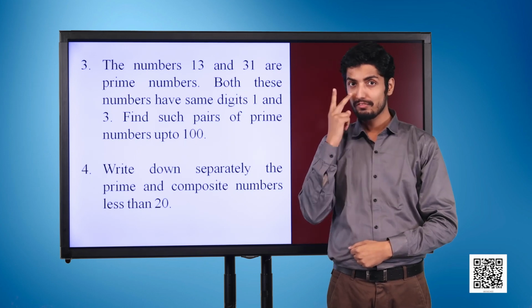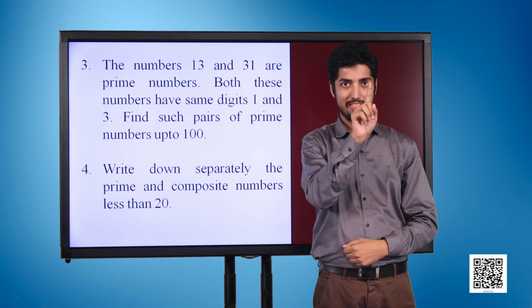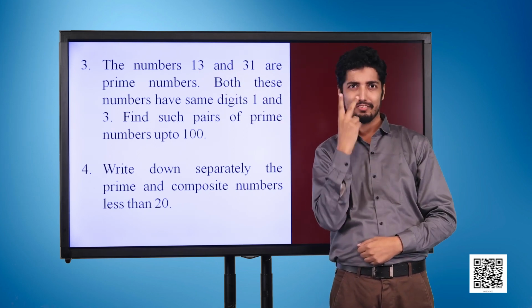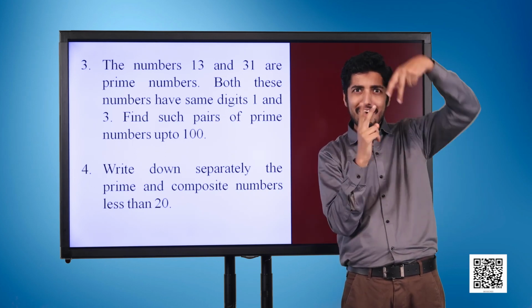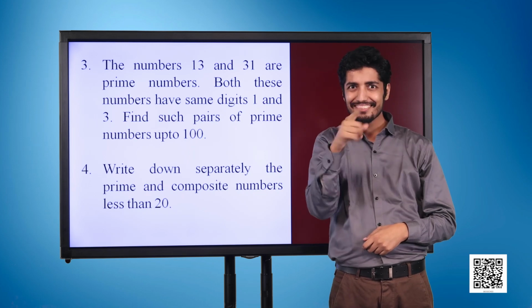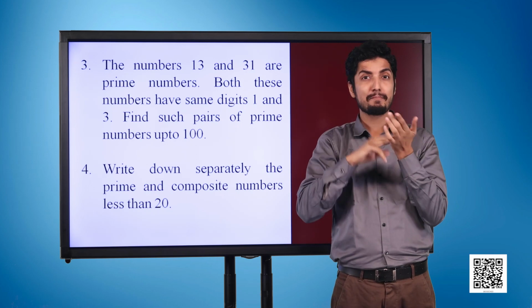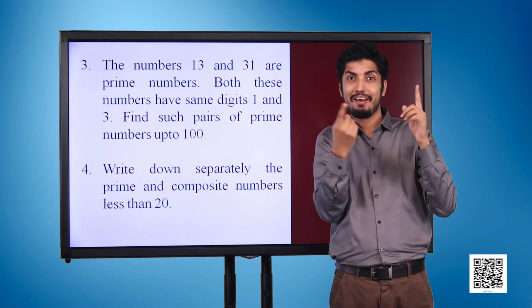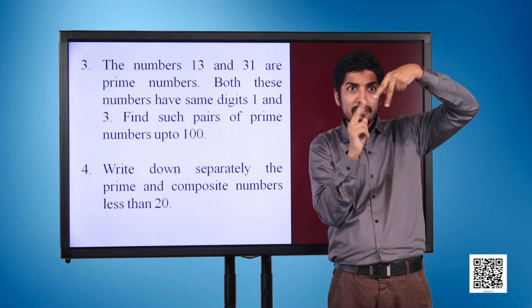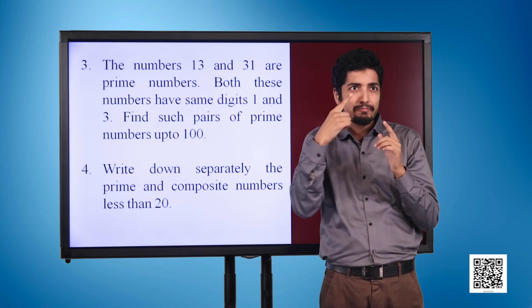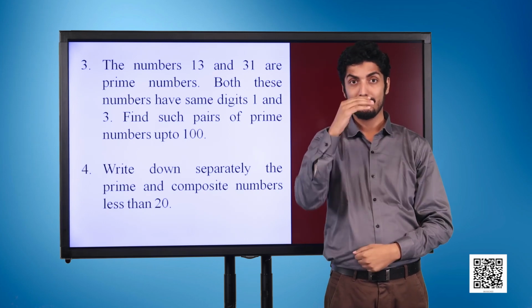3. The numbers 13 and 31 are prime numbers. Both these numbers have same digits, 1 and 3. Find such pairs of prime numbers up to 100. 4.